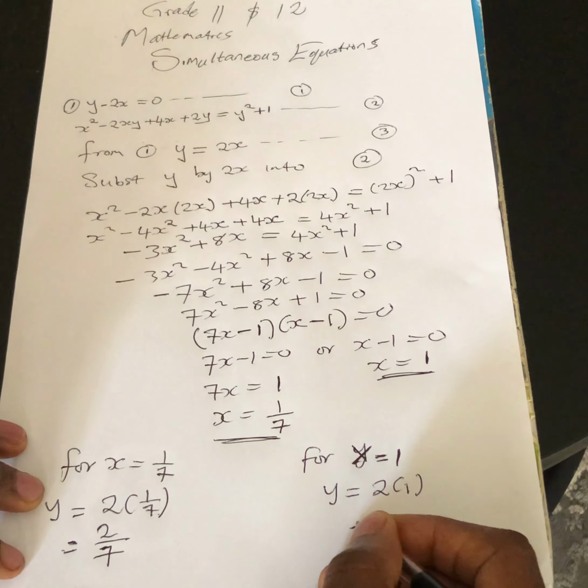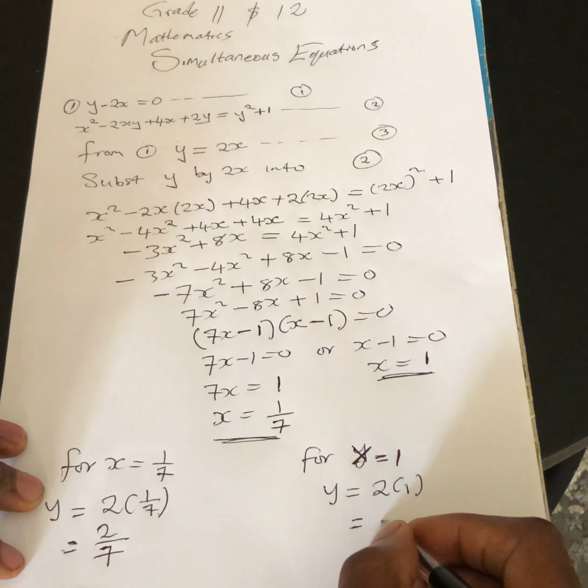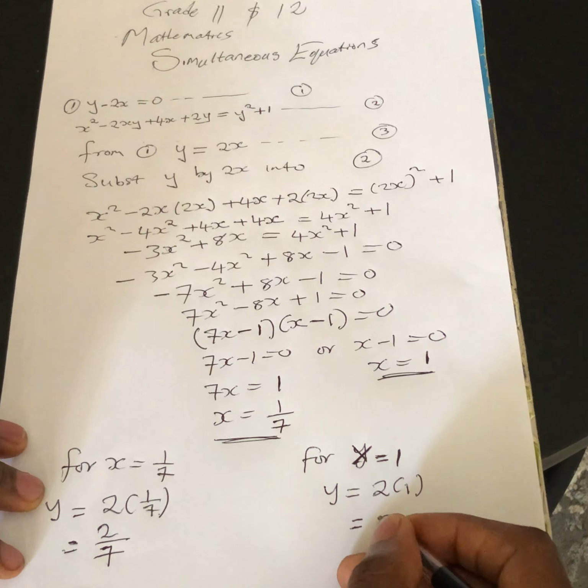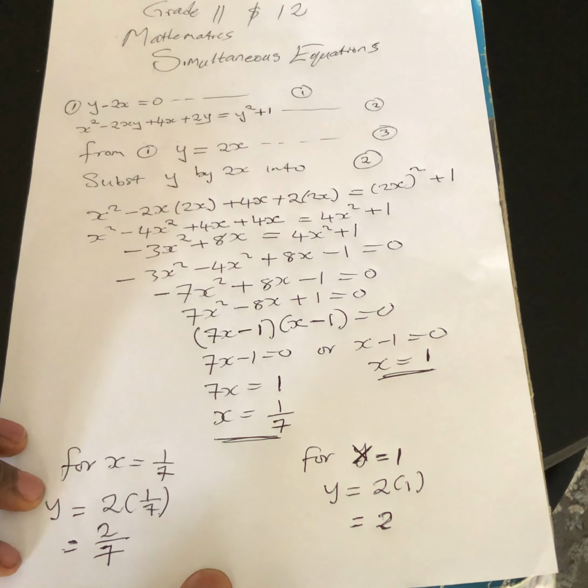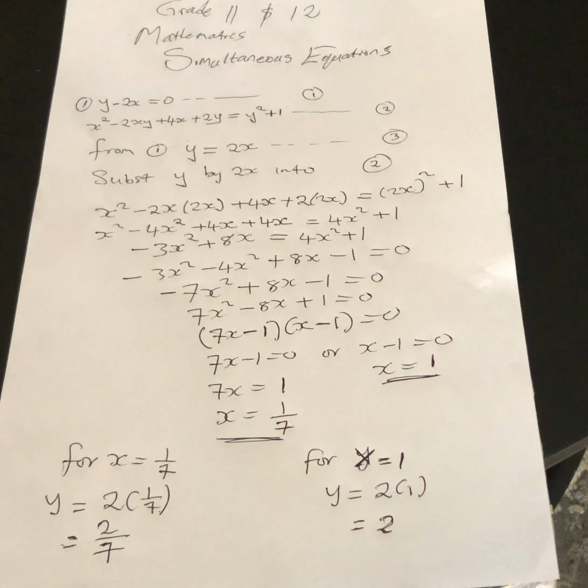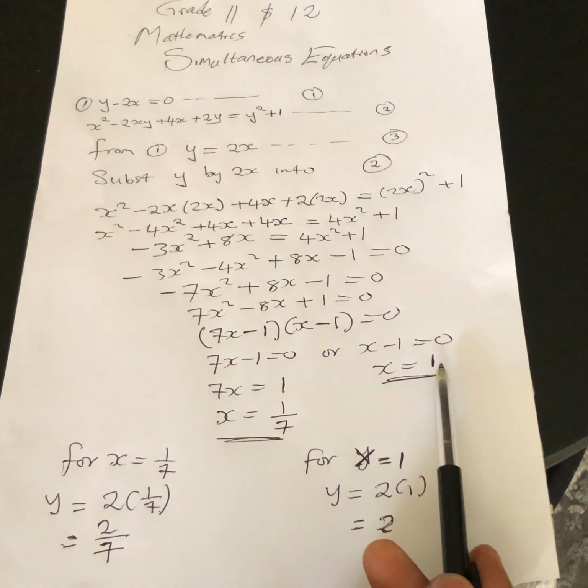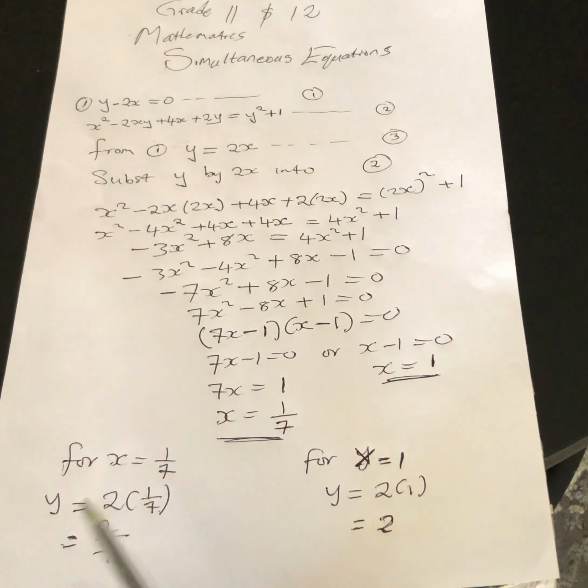And then you use a calculator, you find that the value of y here is equal to 2. The value of x there is equal to 1. So these are the solutions. The value of x is 1 over 7 and positive 1. The value of y is 2 over 7 and 2.